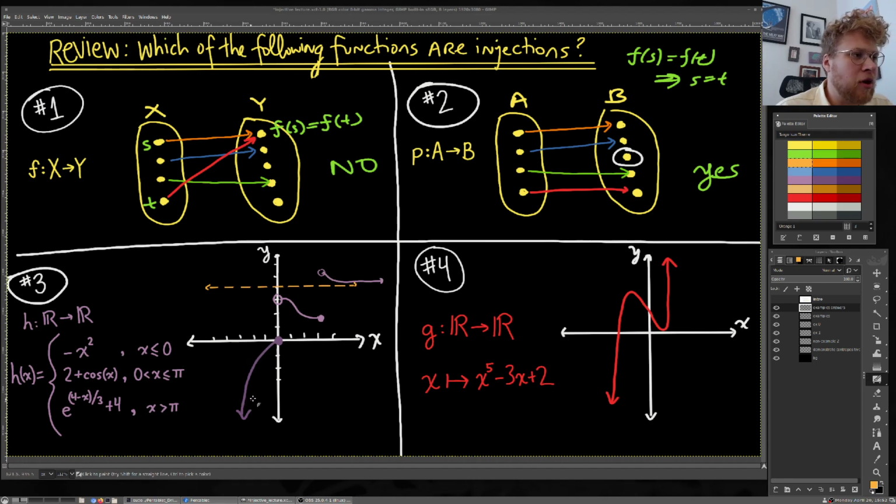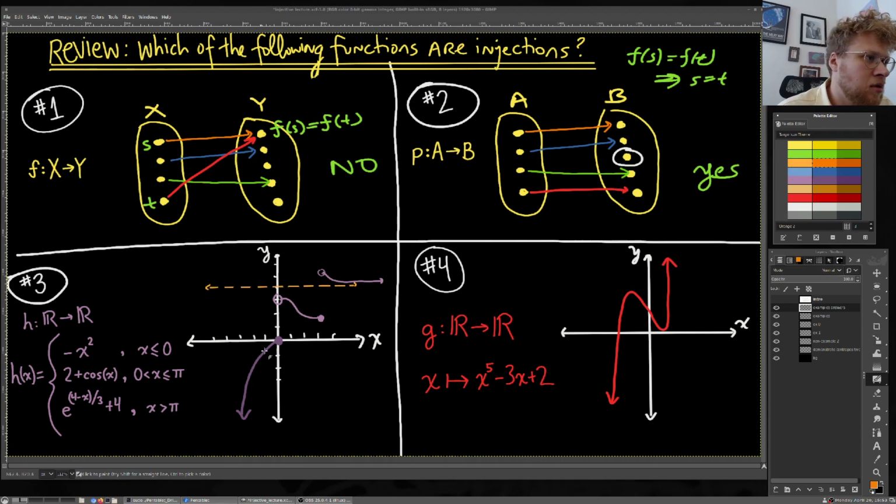The biggest point is, are there any points in the domain, which is all real numbers, whose outputs are the same when those two inputs are distinct? You can see the answer should be no, actually.